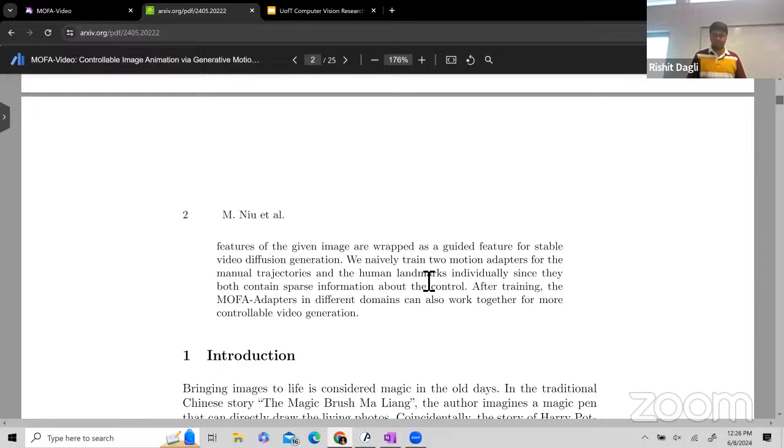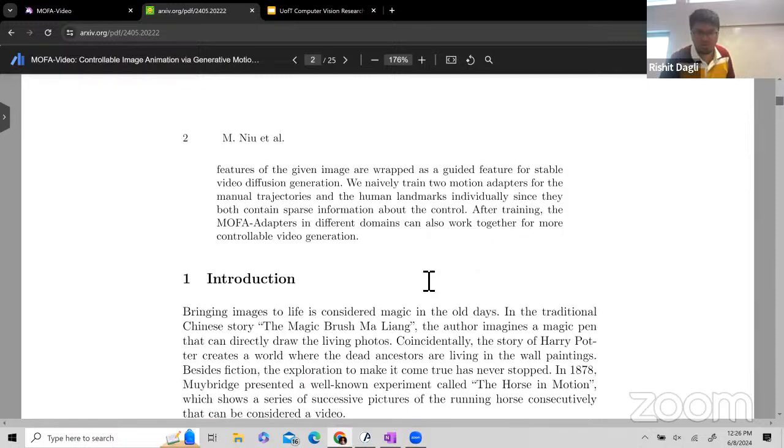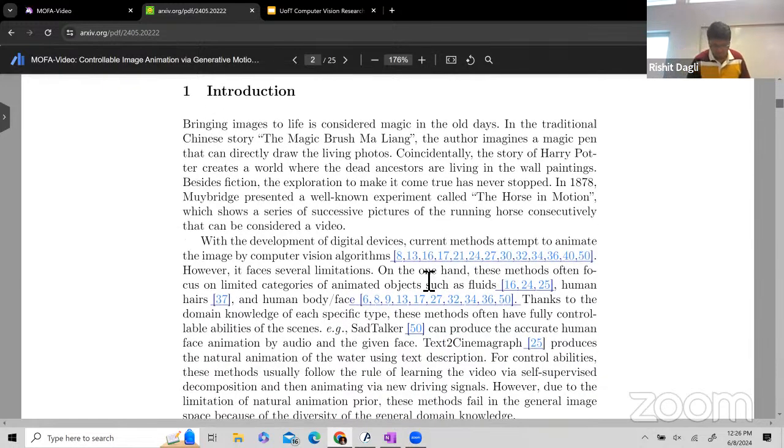These adapters ensure temporal consistency, meaning consistency over time, and detailed motion flow. This results in smooth and realistic animations. And by training these adapters individually for different controls, MOFA-Video allows for precise and versatile video generation, overcoming the limitations of previous methods.